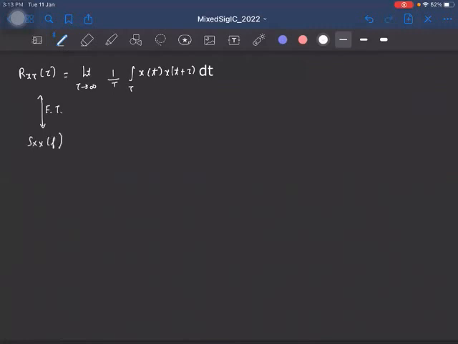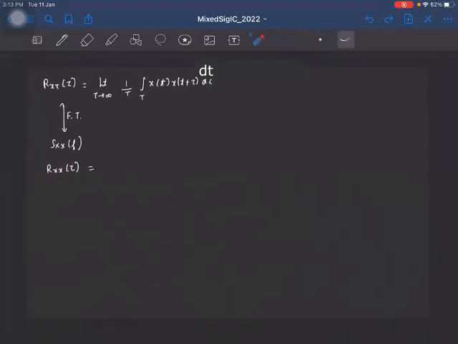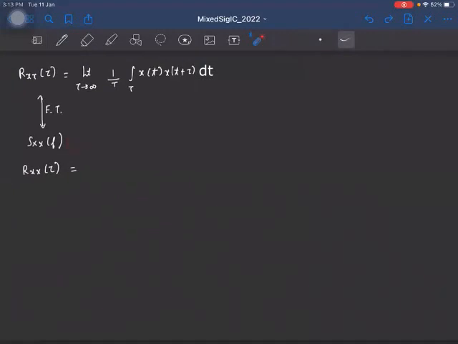So we can also write the autocorrelation function Rxx of tau using the inverse Fourier transform. I know the Fourier transform of this autocorrelation is the power spectral density, so I'll use the inverse Fourier transform formula to write this autocorrelation in terms of the power spectral density.